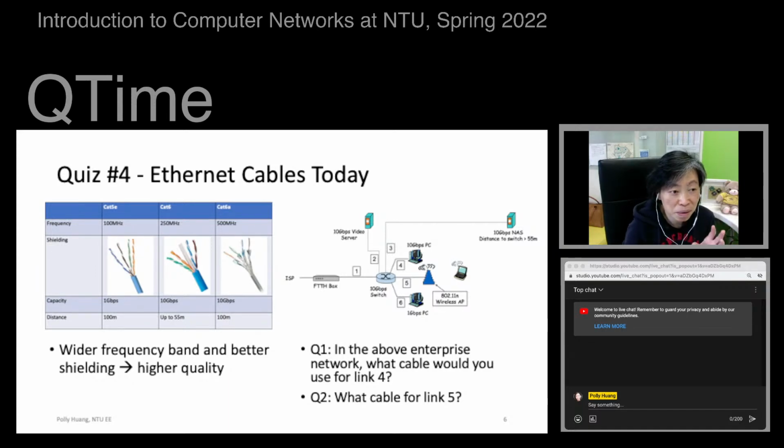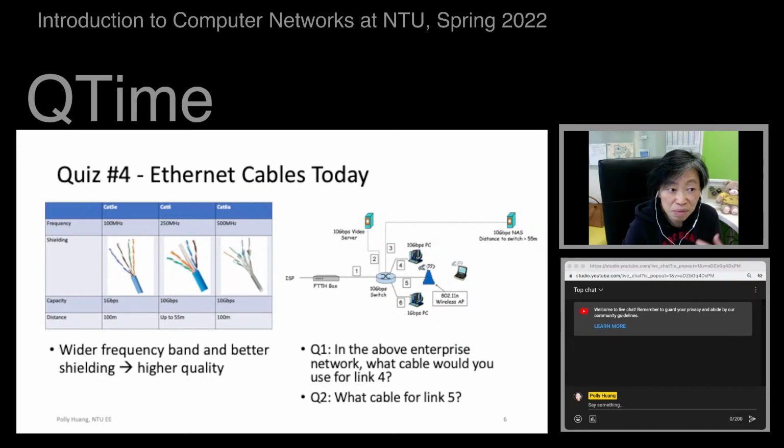So you see in the picture here on the table that 5E is a little bit primitive. You have 4 groups of these twisted pairs. Cat 6 has a separator in the middle. And in Cat 6A, for each group of twisted pair, there's some sort of metal shielding around each group.